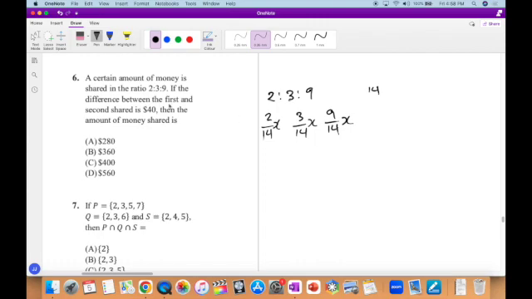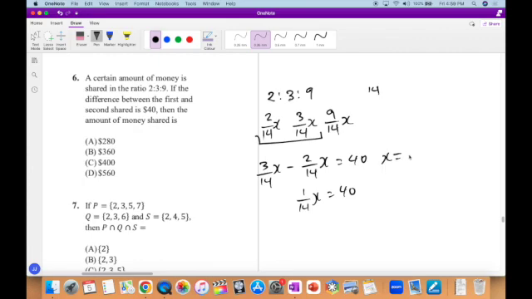If the difference between the first and the second share is $40, so I have these first two shares here. 3 out of 14 x minus 2 out of 14 x is 1 out of 14 x. That is $40.